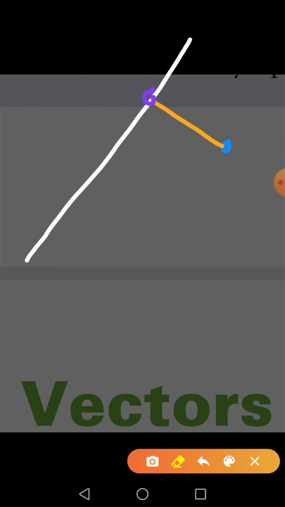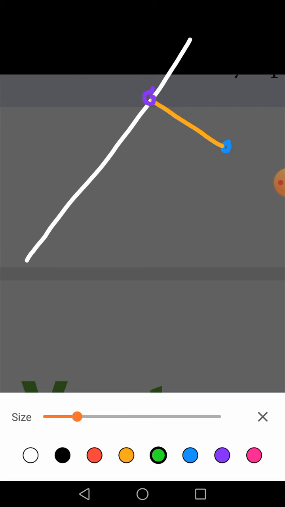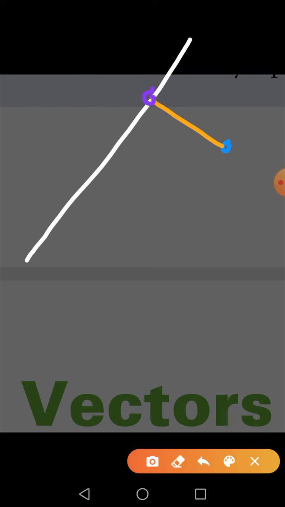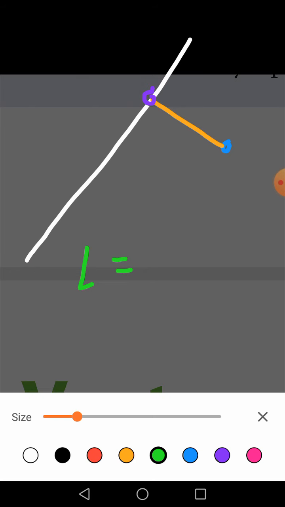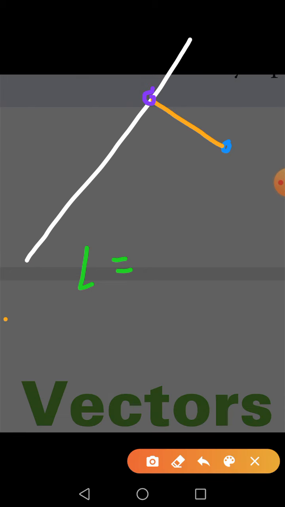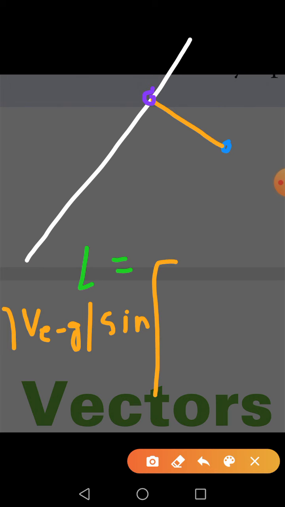Wait. So I would say that L will be equal to the modulus of the vector from the external point to the given point, multiplied by sine, the whole thing goes into sine with cos inverse of the vector from the external point.